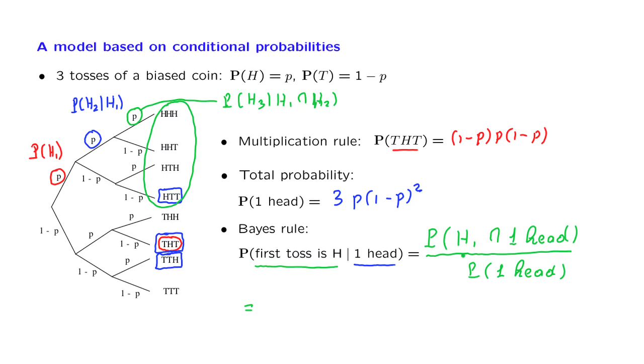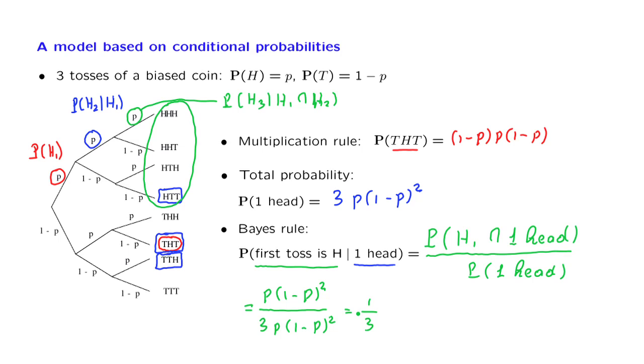Now, the probability of both events happening, that we have exactly one head and the first toss is heads, is the intersection of the blue event and the green event, which can happen only in this particular outcome, namely the sequence heads, tails, tails, and has probability p times 1 minus p squared. The denominator is something that we have already calculated. It's 3p times 1 minus p squared, and so the final answer is 1/3, as we had guessed.